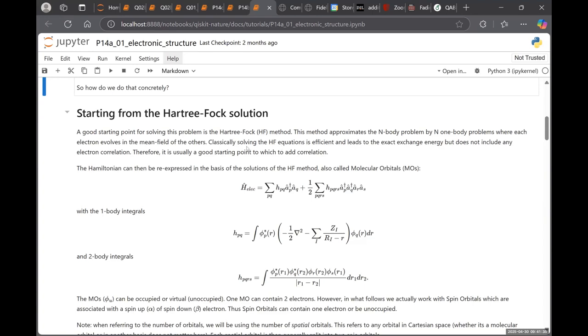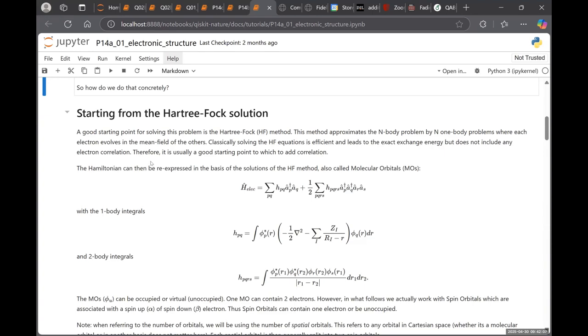There are a lot of things behind this. It's hard to justify in just one class or maybe a fraction of a class. But there are actually packages to solve this using the Hartree-Fock method. And certainly there are more complicated methods to improve the Hartree-Fock solutions.